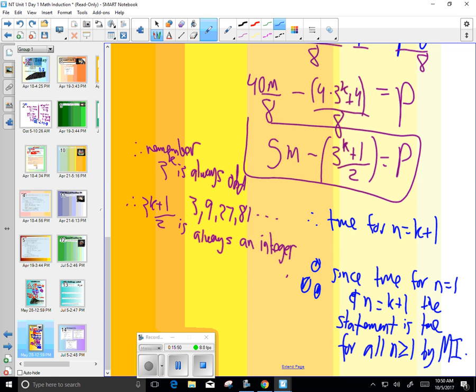By the way, how many of you are having trouble with this last part? Is that a little scary? All you do is your first part, n equal 1, second part, n equal k, and what are you trying to do? My statement's true for all n. So there's no magic to that. That is example 2.